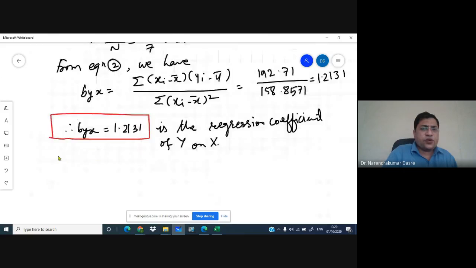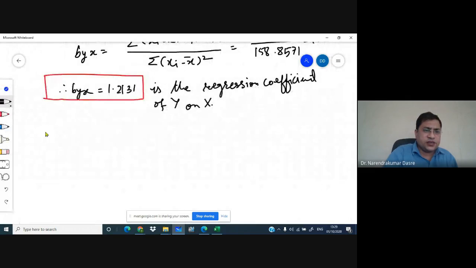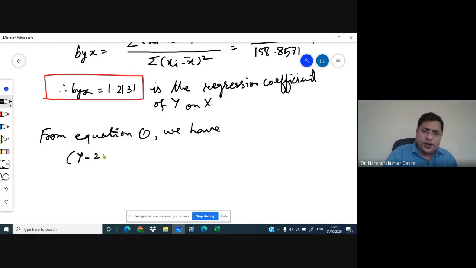Now, next we have to calculate the line of regression. So I can write here, from equation 1, we have Y minus 27.2857 is equal to byx. So it is 1.2131 and it is x minus 16.142.